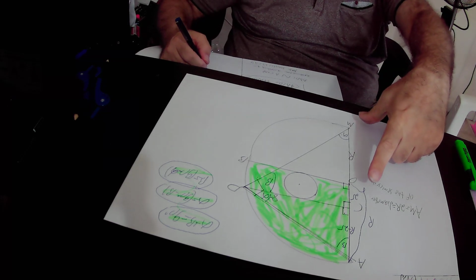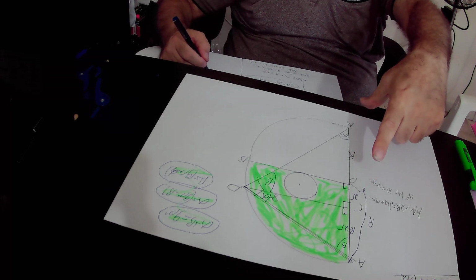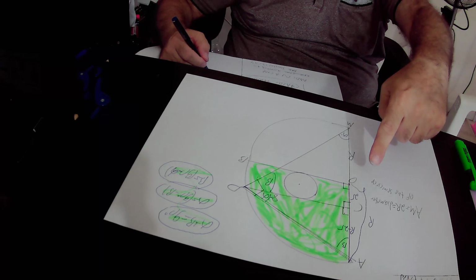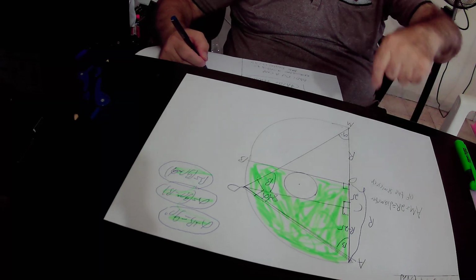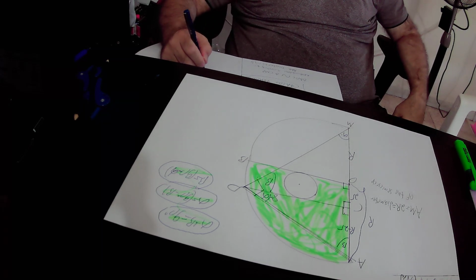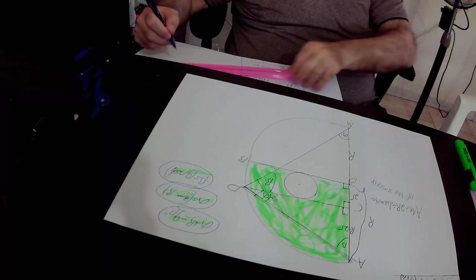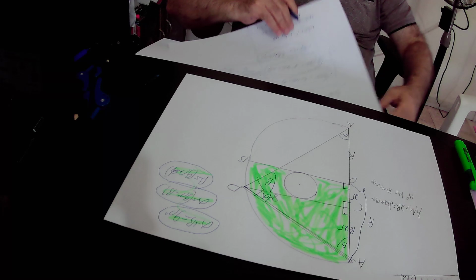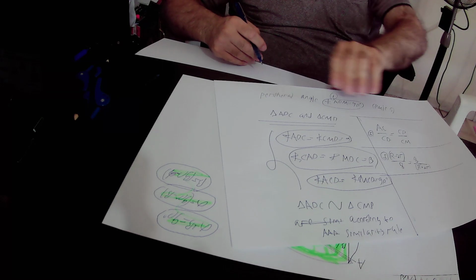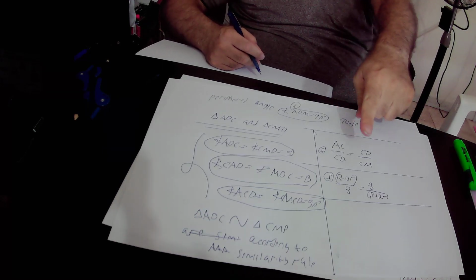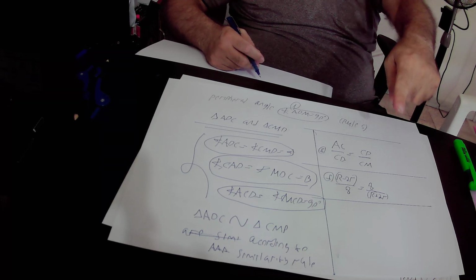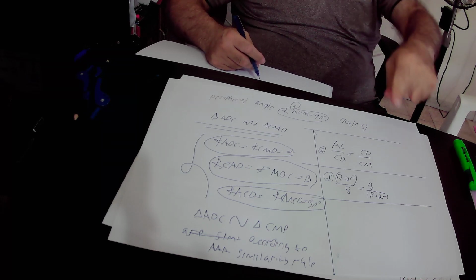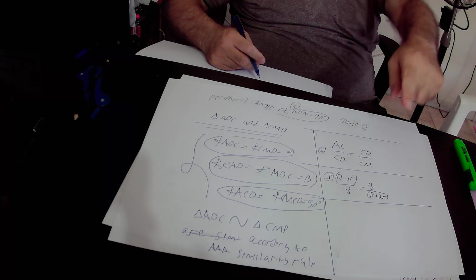What is the value of CM? It is very easy to see from the drawing that CM equals capital R plus 2R. So we actually found out that according to equation number 1, capital R minus 2R over 8 equals 8 over capital R plus 2R.